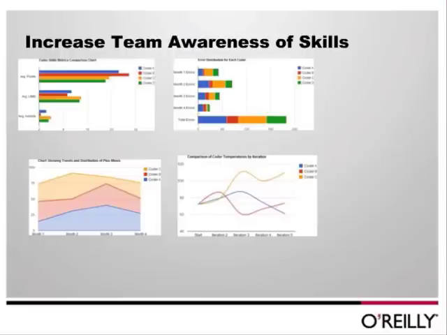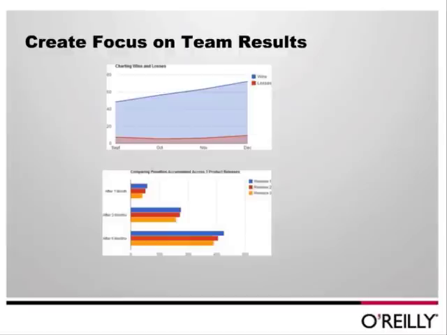You can get the team more focused on results. If you figure out how to gather data that points to your results and you can begin to define what results you want to achieve, then you have an ability to track it. You have the ability to look at it from time to time with the team and analyze how you're doing on the results that you're seeking.